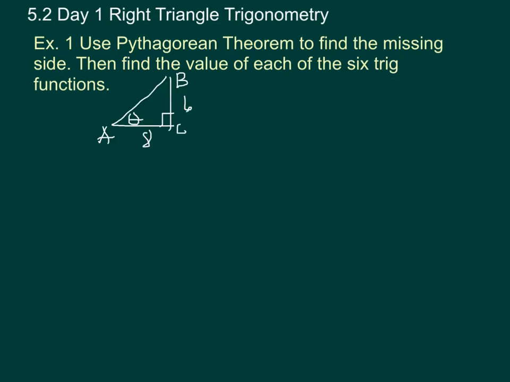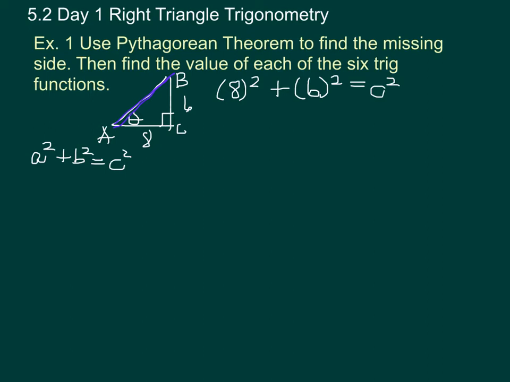Okay, so we have to find the hypotenuse. That's this side. We're going to use the Pythagorean theorem. A squared, doesn't matter which side is A, plus b squared, I'm just going to make it 6, is equal to c squared. Let me write this out. A squared plus b squared is equal to c squared.